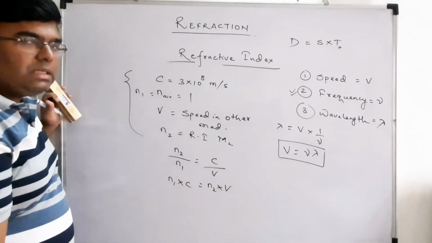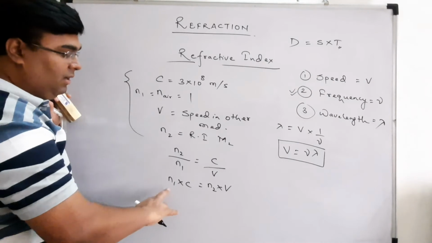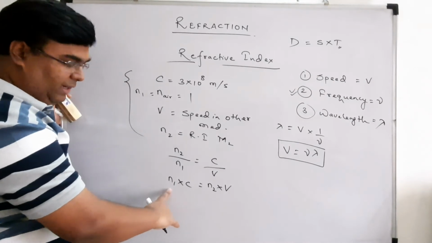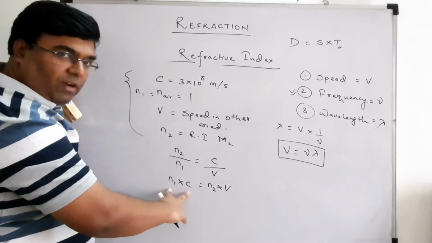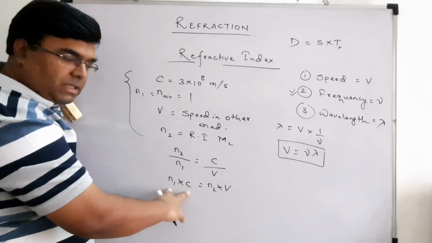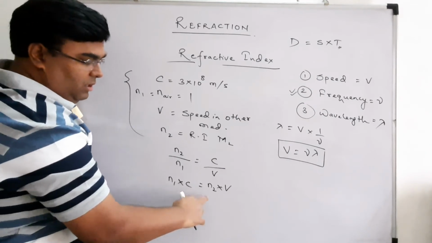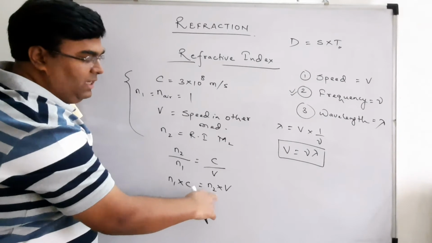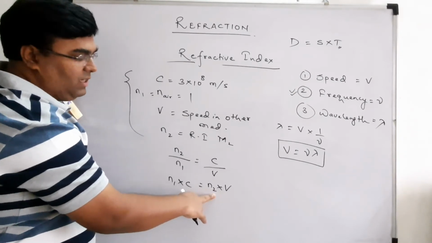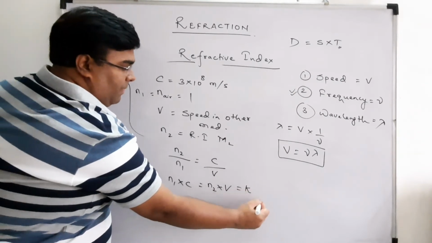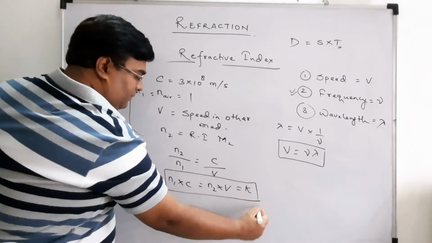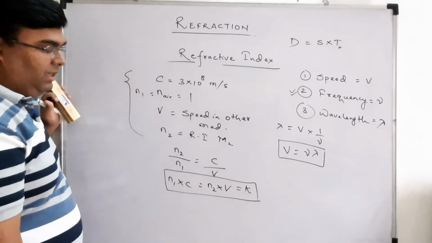it is similar to Snell's law, where we say that the product of refractive index and the speed of light is a constant. The product of speed of light and the refractive index is a constant. So remember this, right?